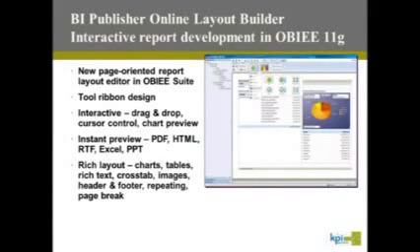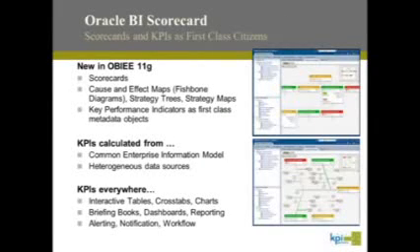So the product that we used to know as BI Publisher now can have a web layout, be part of the OBIEE suite, authored directly from inside OBIEE, and even consumed inside OBIEE as PDFs, HTML, rich text formats, PowerPoint, Excel, being able to now give a seamless integration into that overall aspect.